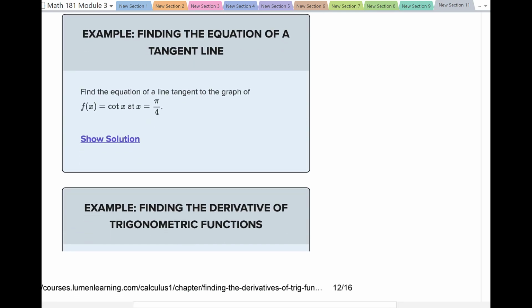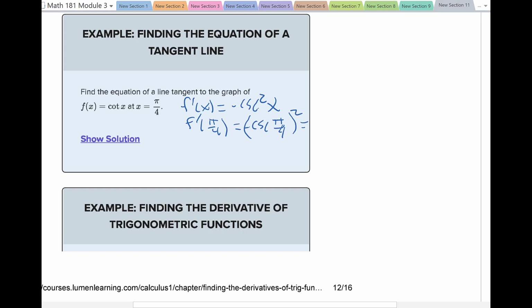Find the equation of the tangent line to the graph of cotangent of x at x equals pi over 4. Okay, so we have f prime of x. We just said the derivative of cotangent is negative cosecant squared x, right? And that derivative at pi over 4 is going to be negative cosecant of pi over 4, that amount squared.